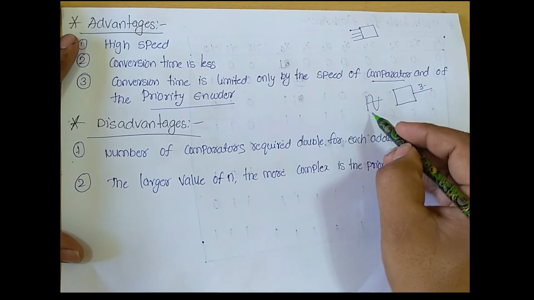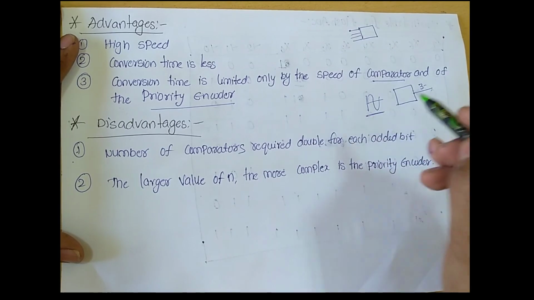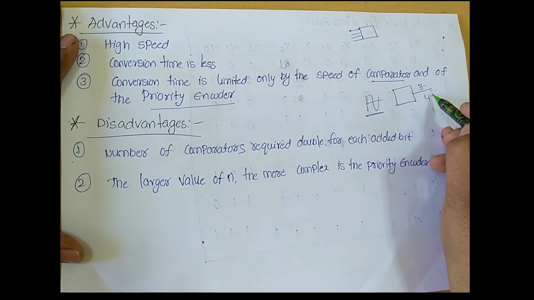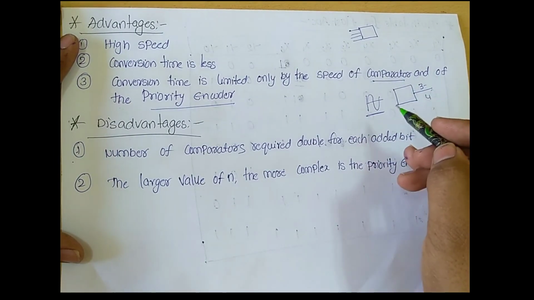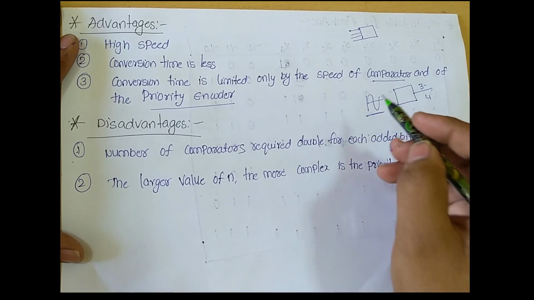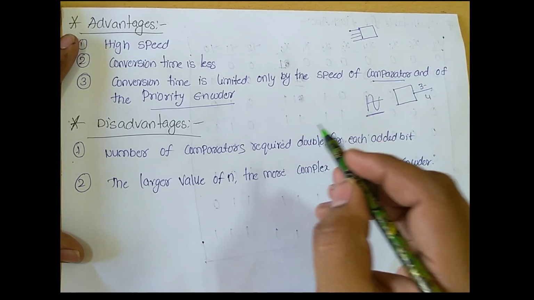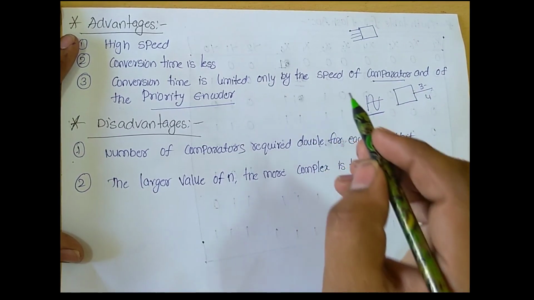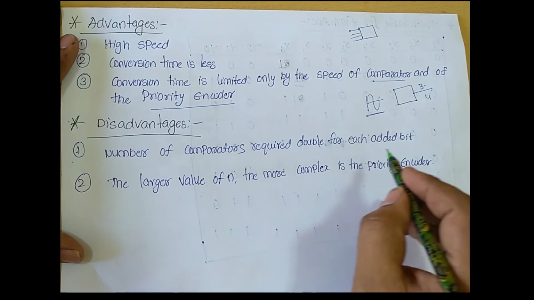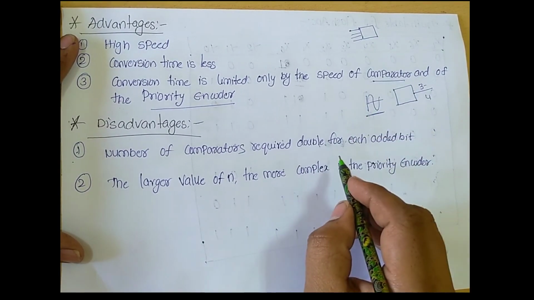For example, with respect to the given input signal, we want to generate 4-bit binary information. Definitely, we are using 16 comparators. So here when the output increases by 1 bit, we are using 16 comparators in the construction of the circuit. So this is one of the disadvantages of the flash type ADC.